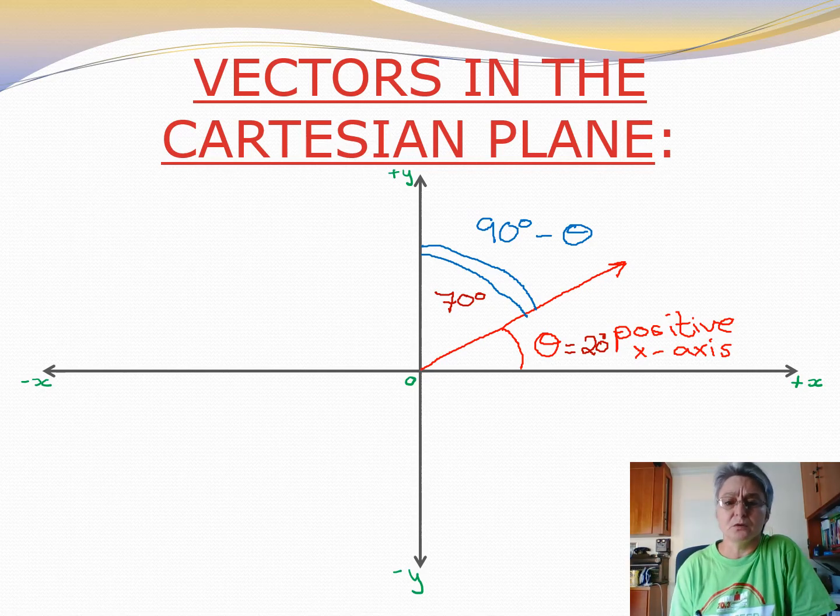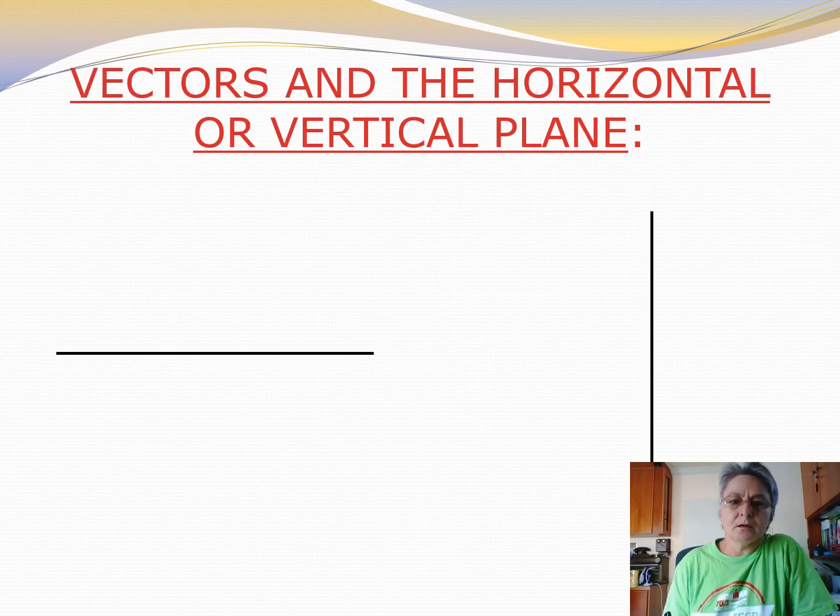And you can move anywhere in this Cartesian plane. I'm sure it's not too difficult to use the Cartesian plane. In grade 11, we'll use the Cartesian plane a bit more. Now, vectors with respect to the horizontal, you'll have the flat line, horizontal line, the angle of 25 degrees with respect to the horizontal, and that would be 25 degrees up.